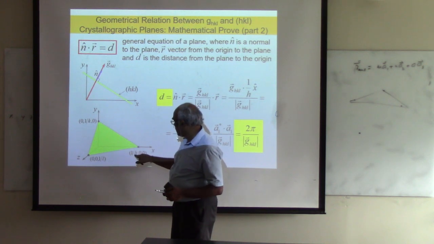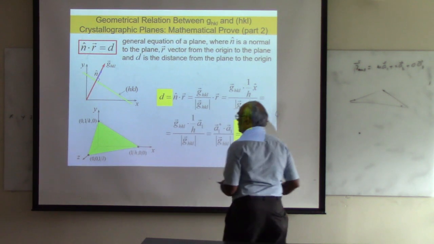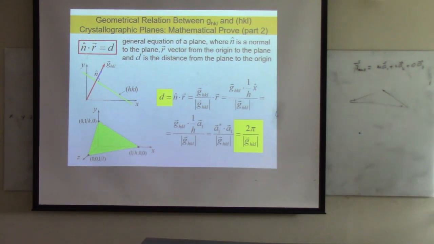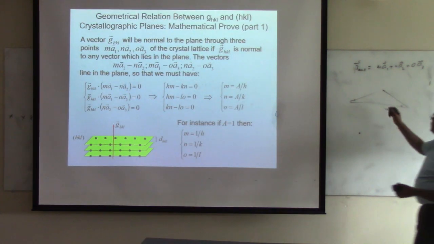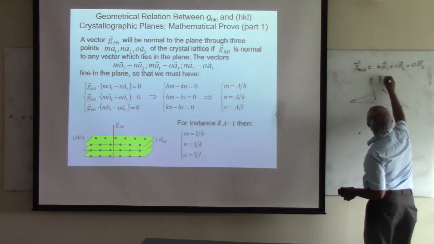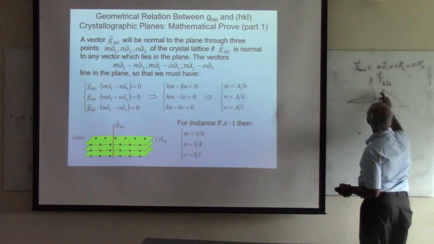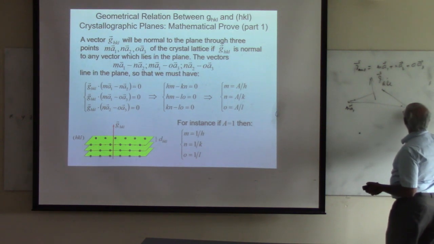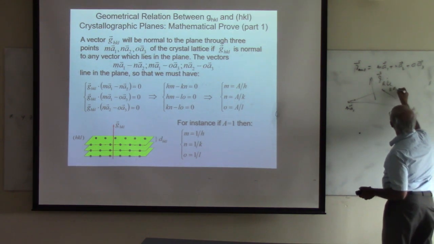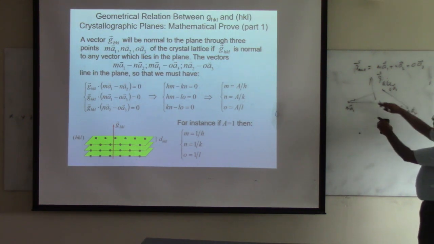So if you consider these 3 vectors, we can show G_HKL is normal to the plane passing through MA1, NA2, OA3. We can find 3 points connected by this plane.